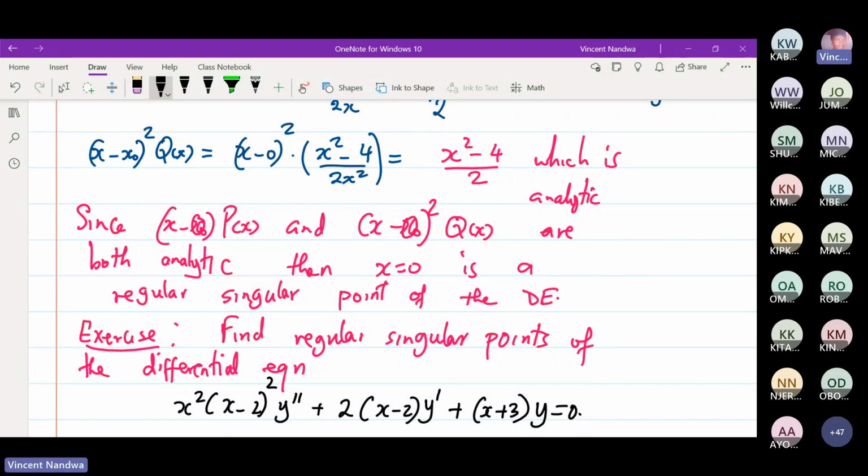The first thing is to get the singular points, and then use the singular points to test whether they satisfy the conditions for regularity of the singularity also.